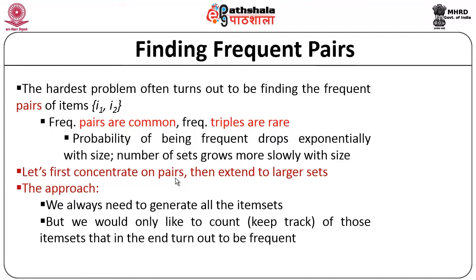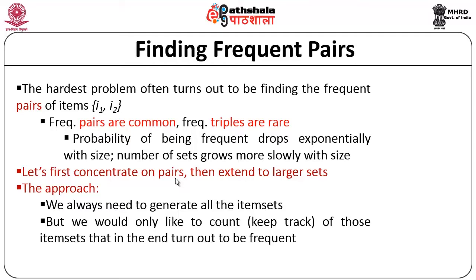When you are generating the frequent pairs, what may be the issue that will come into the picture? The hardest problem here is finding the frequent item pairs, that is I2, I1 or I1, I2.